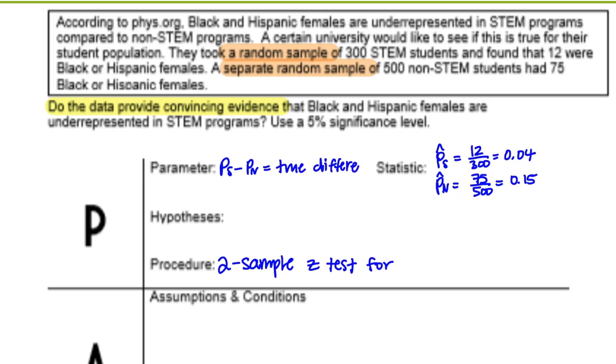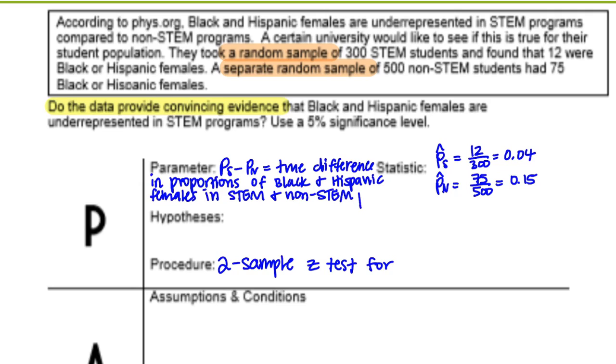We've done this before with intervals and in Unit 5, the true difference in proportions of Black and Hispanic females in STEM and non-STEM programs at this university.